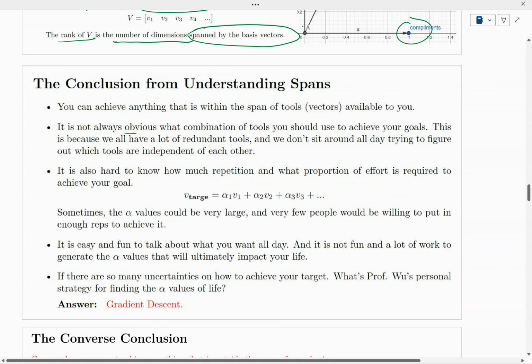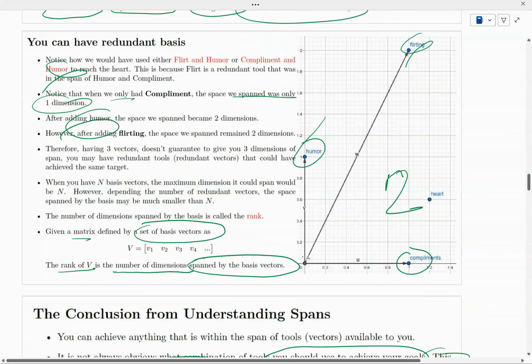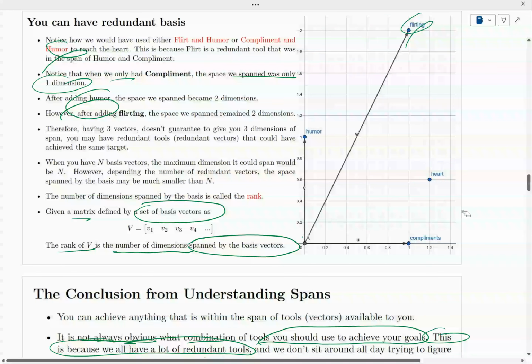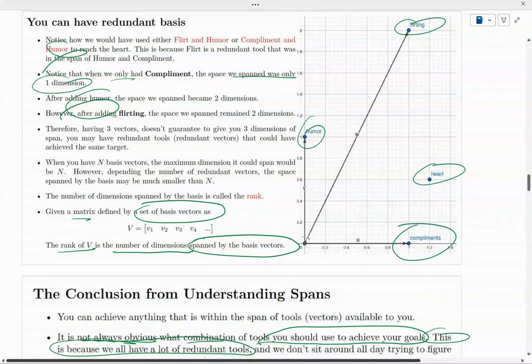It is not always obvious in life what combination of tools you're supposed to use, right? You could have lots of tools, but you don't really know which one you should use all the time. It's not that obvious, and this is because we may have a lot of redundant tools, right? So in this particular case, you could reach the target many ways, and that's because you have lots of redundant tools.